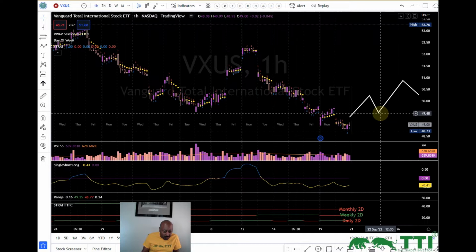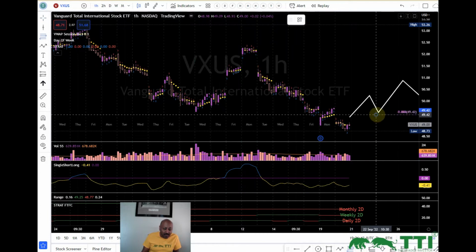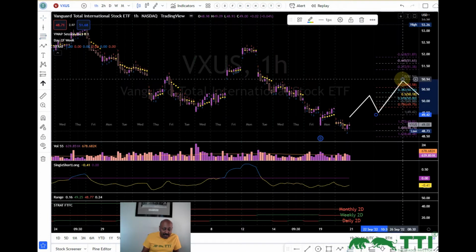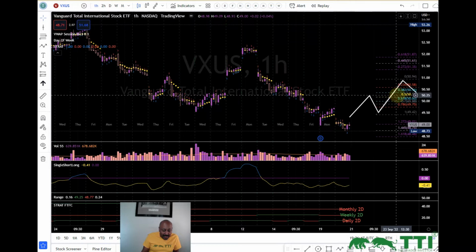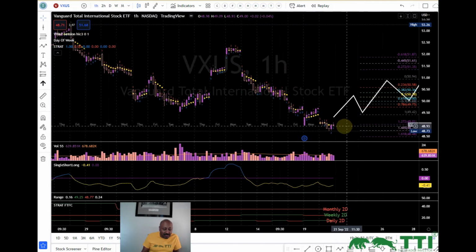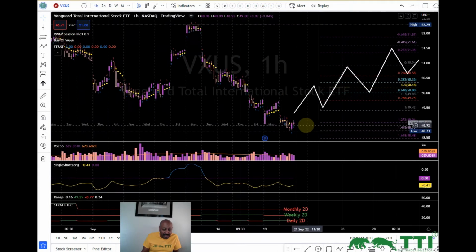So we know we have two swing points, right? We can clearly see swing points. So we draw from here to here, and we see, okay, so price is continuing to go down. I don't know where it's going. It's continuing to go down, and it does its thing.